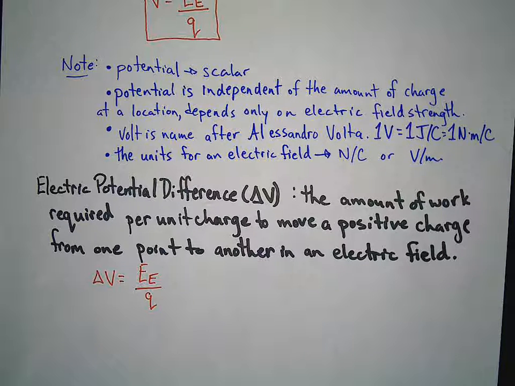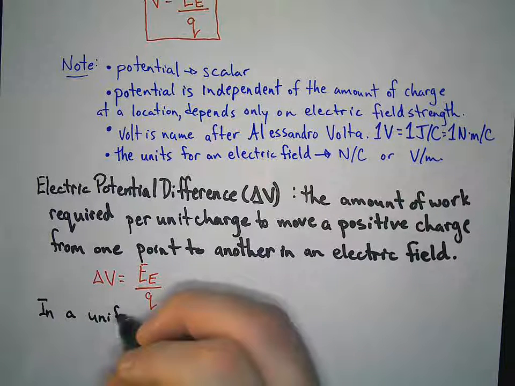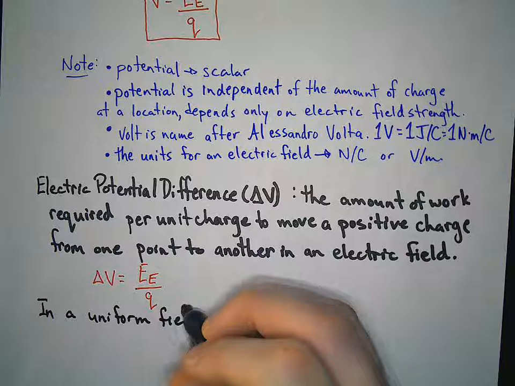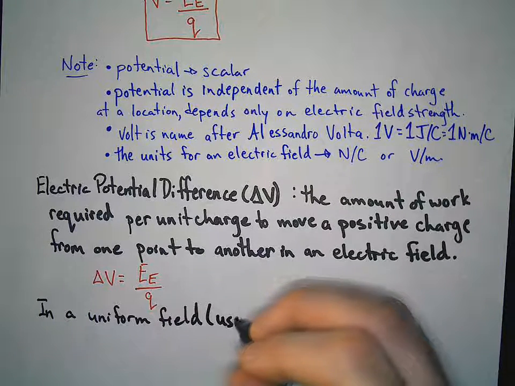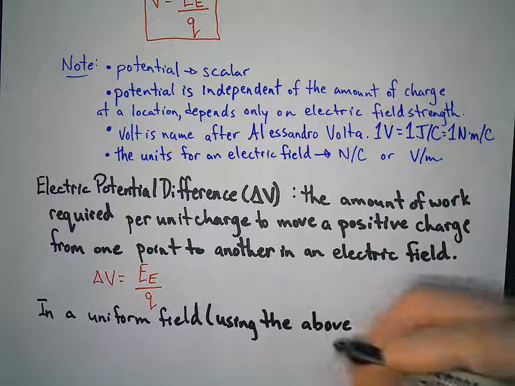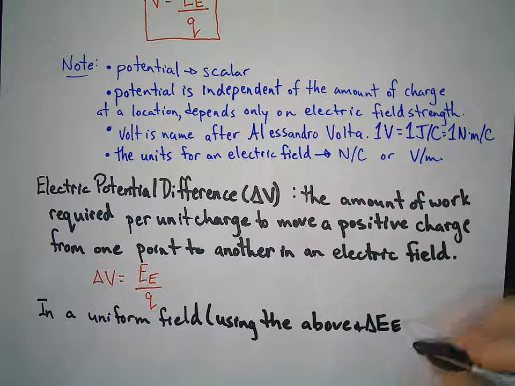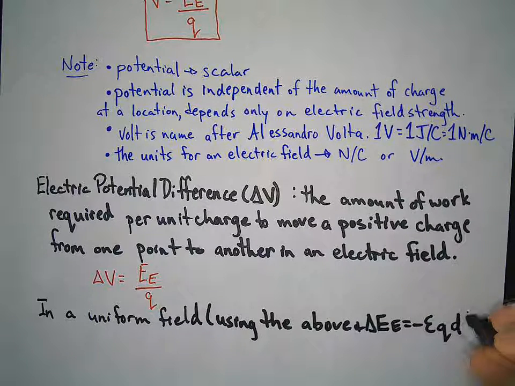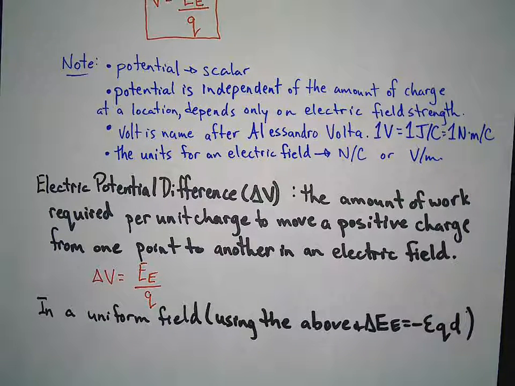In a uniform field, using the above equation, and the fact that the change in electric potential energy is equal to negative E Q delta D, we get an expression for our electric potential difference.